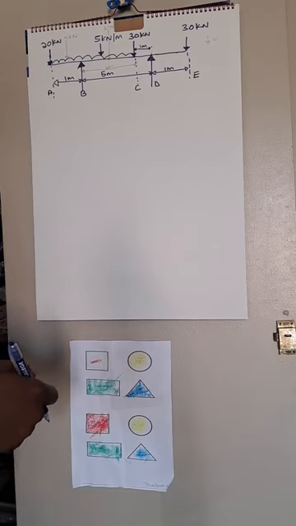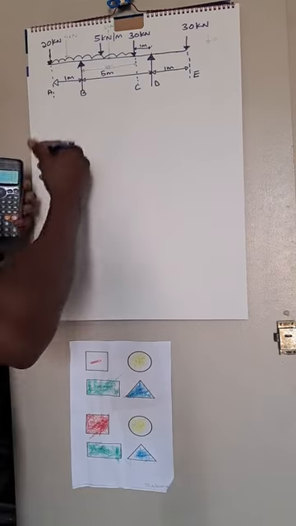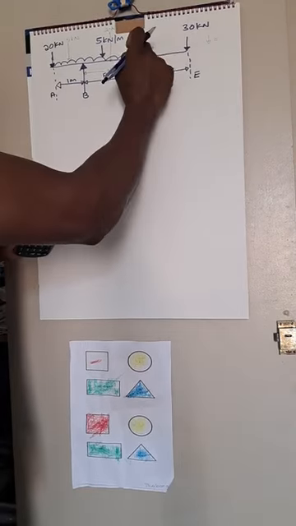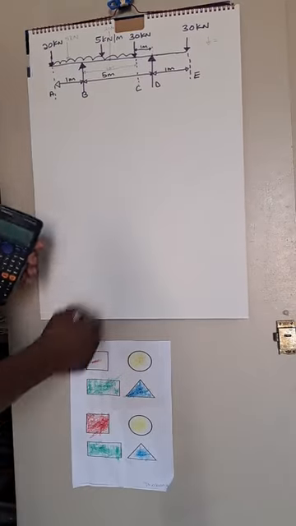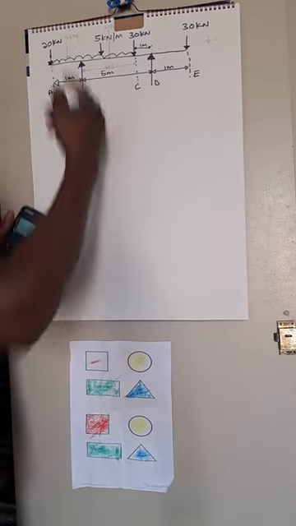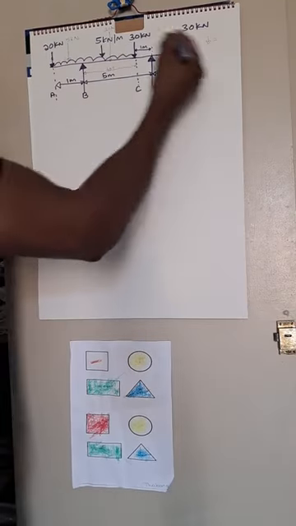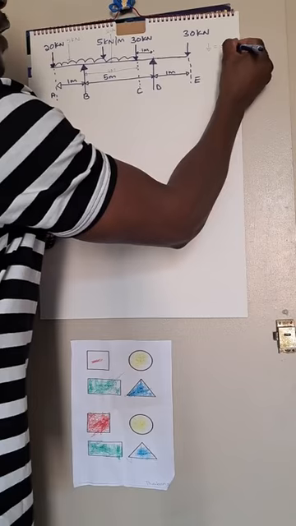So once I see that you have broken your diagram into this, it becomes easier for you to get everything right. So we can add our downward forces, which we said is 20 plus 30 plus 30, which is 80, plus 20, it becomes 100, plus 5, which becomes 105 kilonewtons.